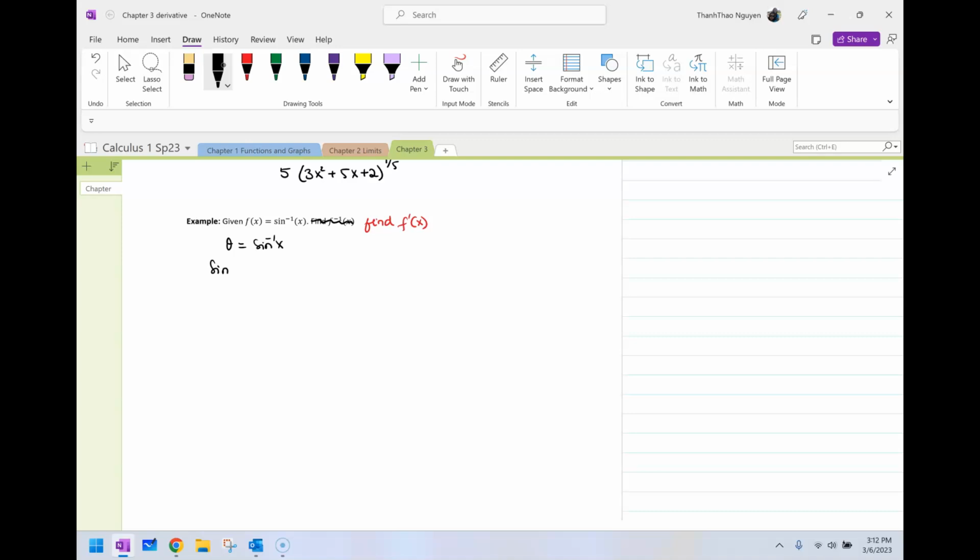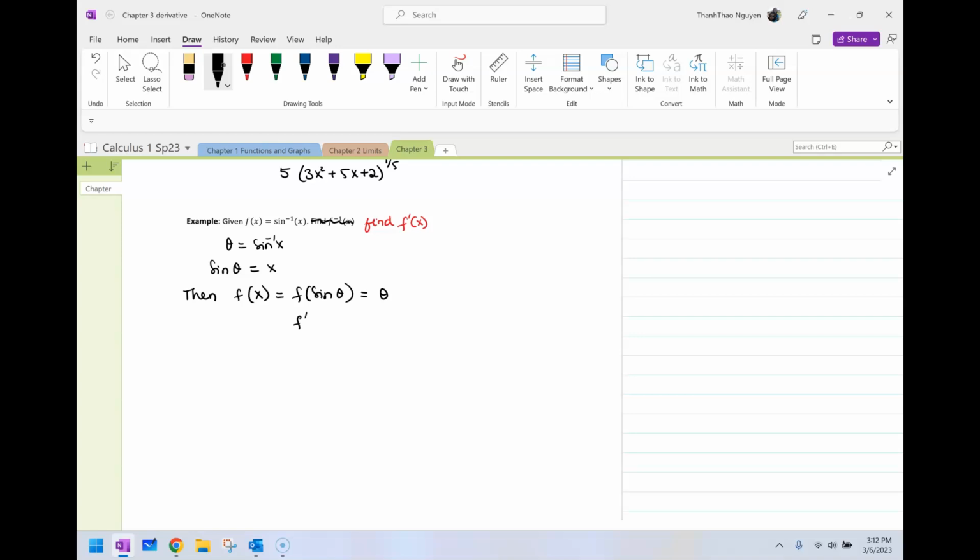So then sine of theta is equal to x, right? Then f of sine of theta, or f of x, is equal to f of sine of theta, which is equal to theta in this case.